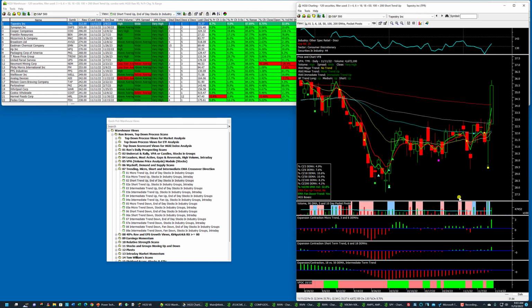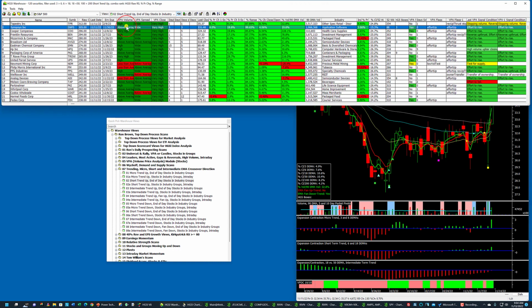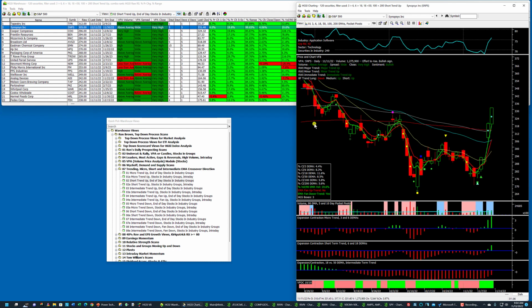So let's just look at this stock, and this stock shows that the 3-6 crossover happened here, and the 6 and 18 are also positive. So we have a stock that has expansion with the 3 and the 6 and the 6 and the 18. Let's look at the next one, see if it's what it looks like. Same thing here. So the 3 and the 6 are positive, and the 6 and the 18 are positive.